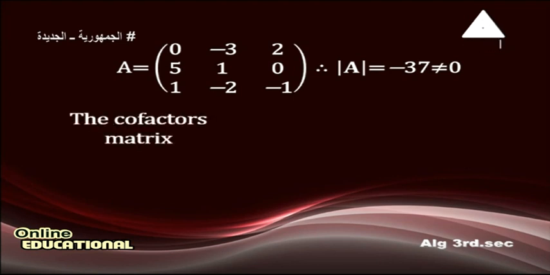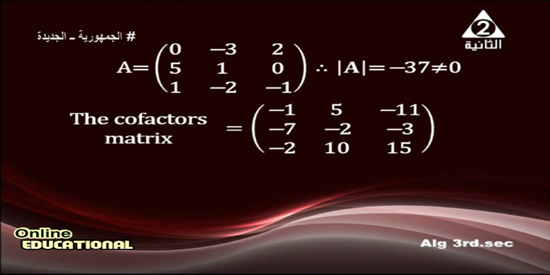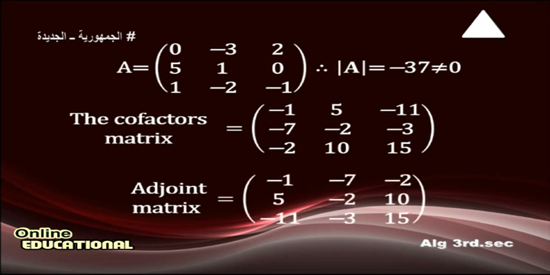For the cofactor matrix, we find the minor determinant of each element. Negative 1, 5, negative 11 is the first row. This is the value of the determinant of each element. Negative 7, negative 2, negative 3, negative 2, 10, 15. The adjoint matrix means the transpose of the cofactor matrix: negative 1, negative 7, negative 2 is the first row, by replacement.